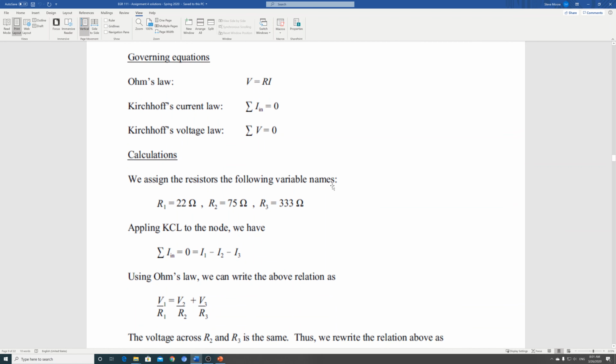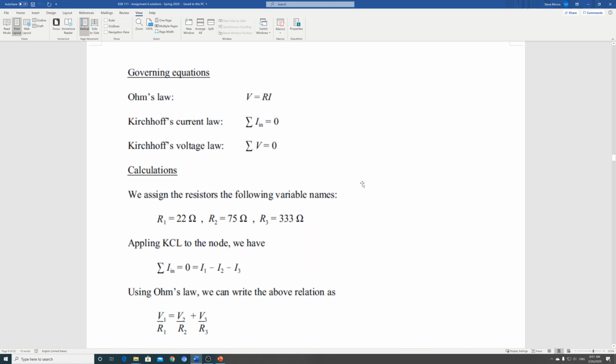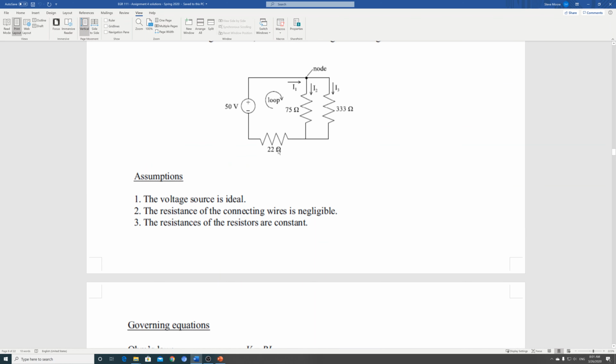The next thing we're going to do is write those KCL equations in terms of voltages over resistances. Remember, it's V equals I times R, so I equals V over R. For the first one, even though the author wrote the note up here, since this is I1 right here, we can write this as our resistance R1, my 22 ohm resistor.